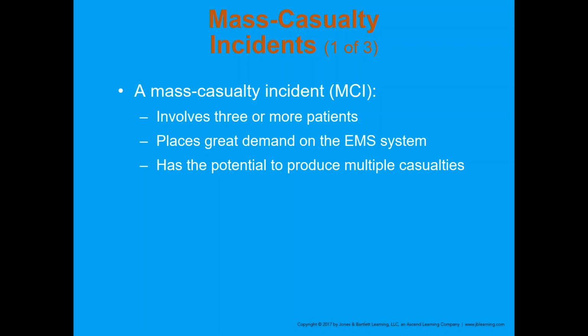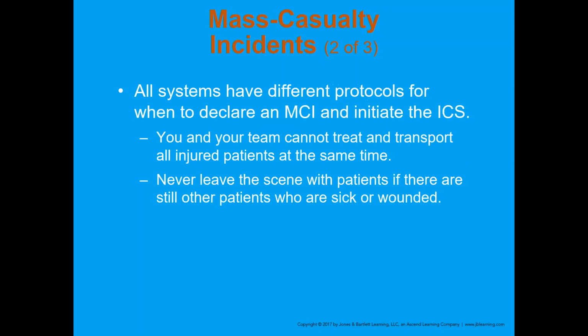Again, like I said, bombings, tornadoes, fires, multiple different things that can cause this. Most systems have their own protocol for deciding when an MCI is. Like I said, with us, it's anything truly that we don't have the resources for. You just have to remember that we can't treat and transport everybody at the same time.